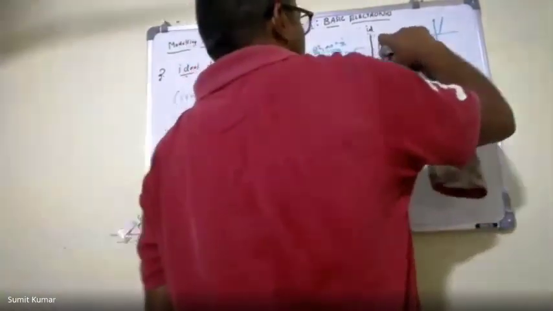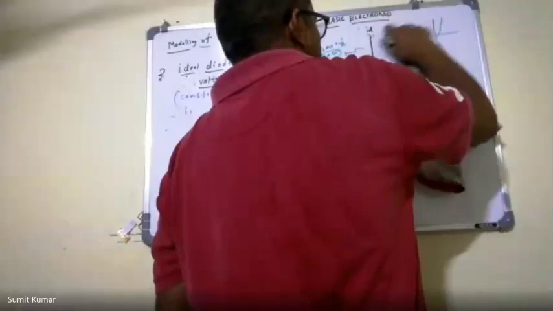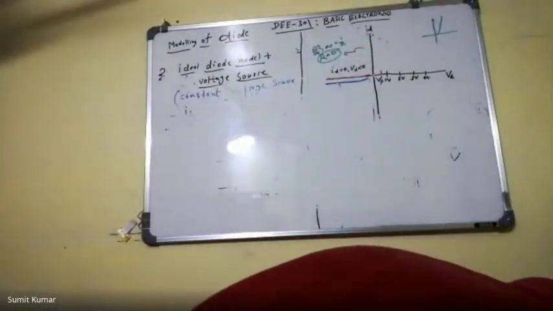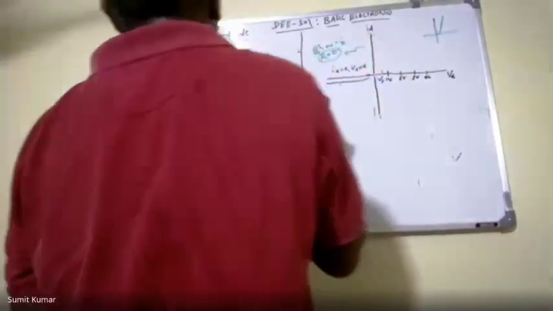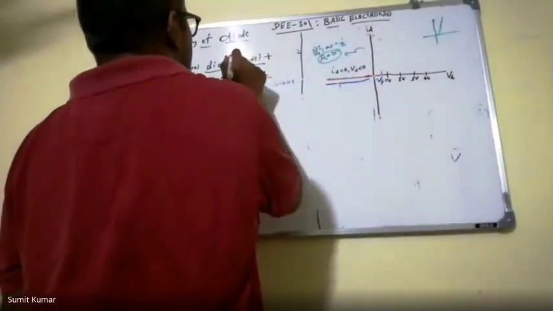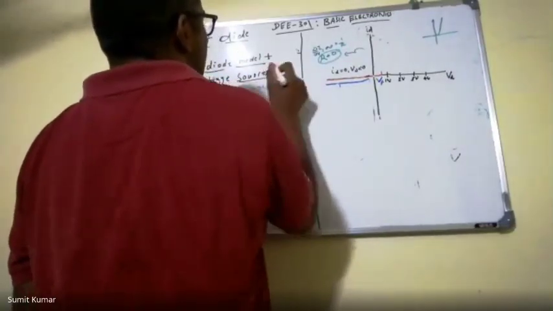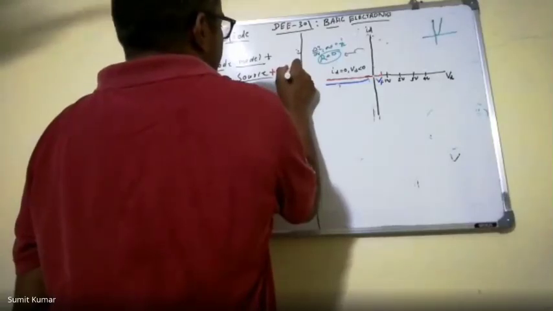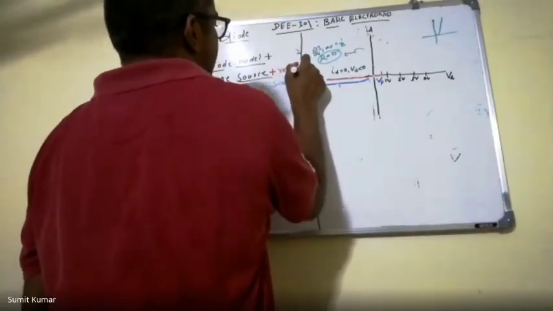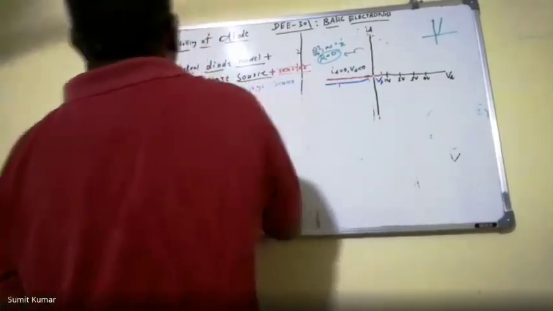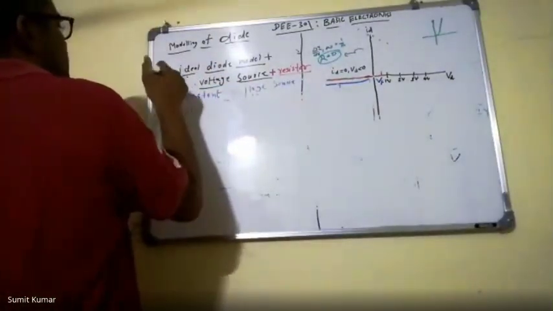For the third model, I need to redraw this line. The third model is the ideal diode model plus voltage source plus resistor. And this is the third one.